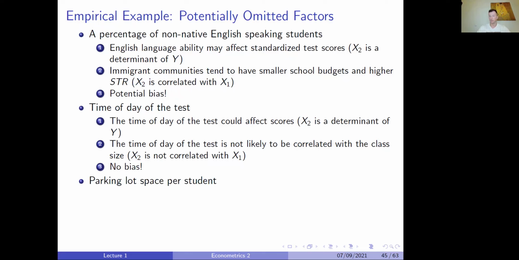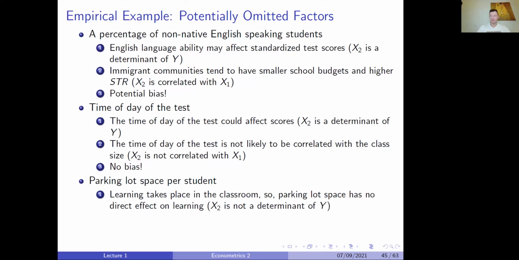Parking lot space per student. Well, parking lot space does not affect an educational outcome. Learning takes place in the classroom, but not in the parking space. So therefore, test scores are not affected.